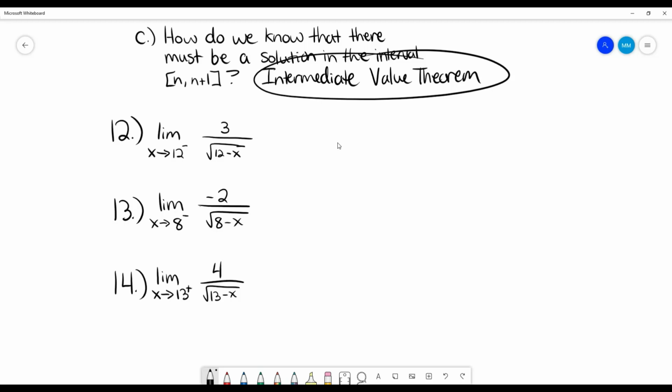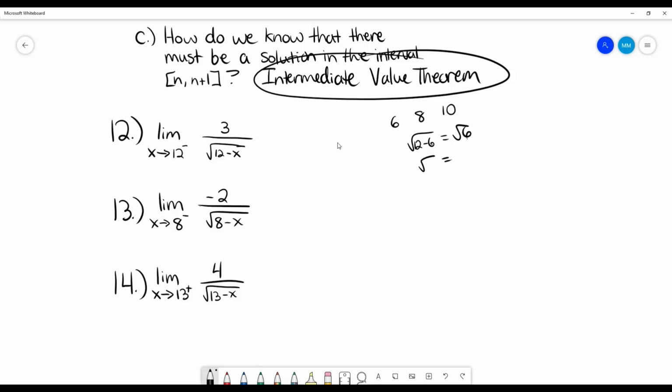And if we plug in those values, we can kind of see that as we get closer and closer to 12, this denominator is going to get smaller and smaller, right? Because if I plug in, say, 6, it's going to be the square root of 12 minus 6, which is the square root of 6. And then if I plug in maybe an 8, as we get closer to our 12, that's going to be 12 minus 8, which is the square root of 4, right?